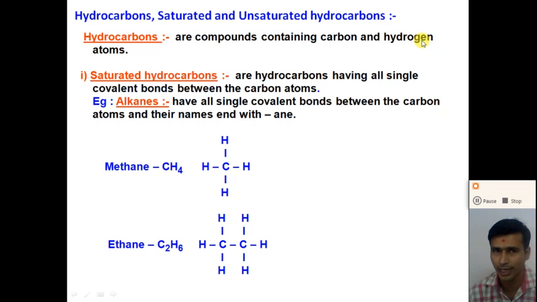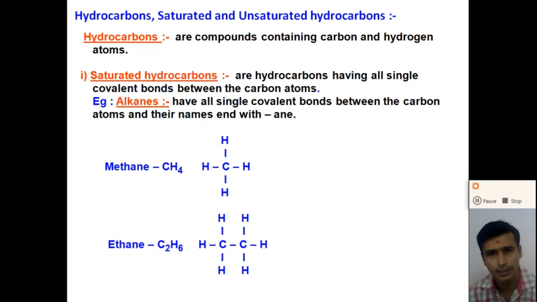So there are two types of hydrocarbons. The first one is saturated hydrocarbons and the second one is unsaturated hydrocarbons. First of all, what do we mean by saturated hydrocarbons?